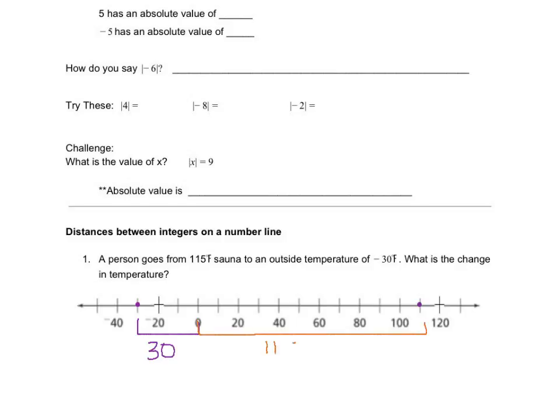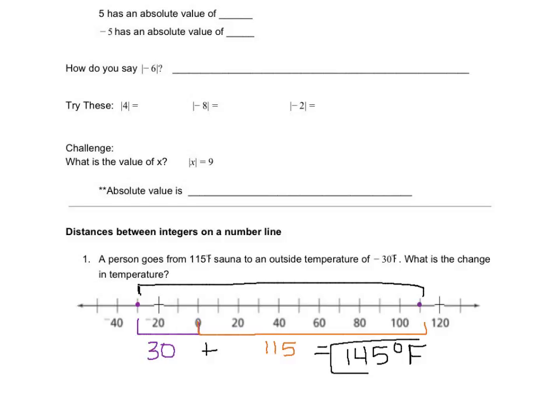That is 115. If I want to look at the combined distances from negative 30 to 115, I would simply add my two absolute values together, 30 plus 115, giving me a total distance of 145. So that means what is the change in temperature? Well, I'd have 145 degrees Fahrenheit. So that's a great way to visually show on a number line the distances between values and the change between two numbers.